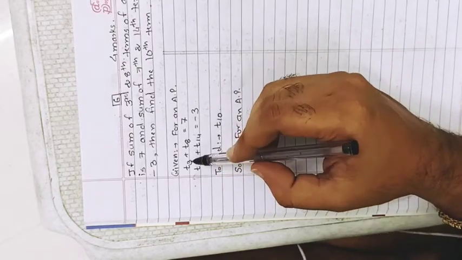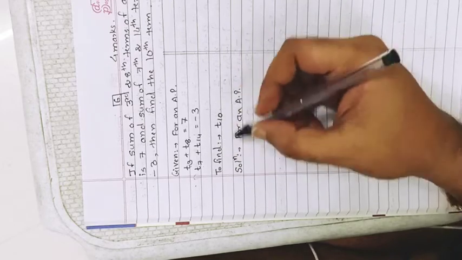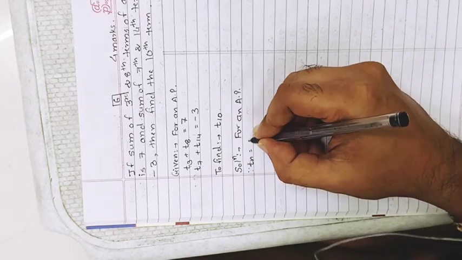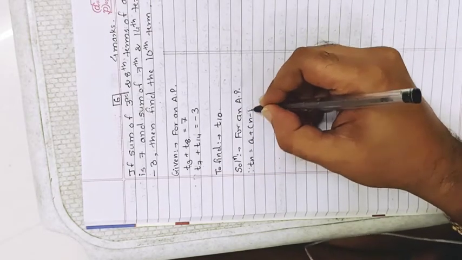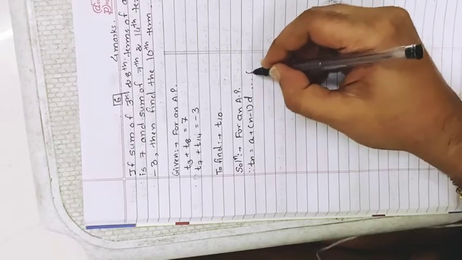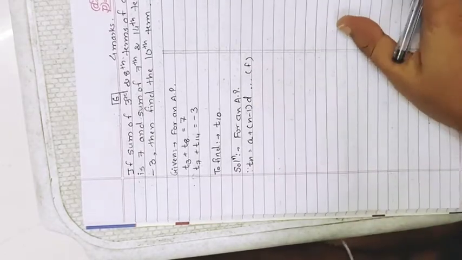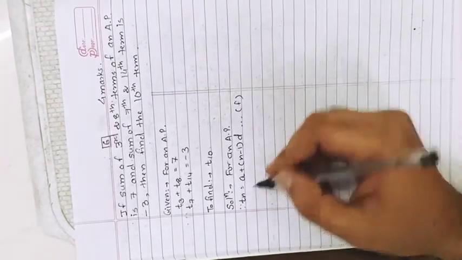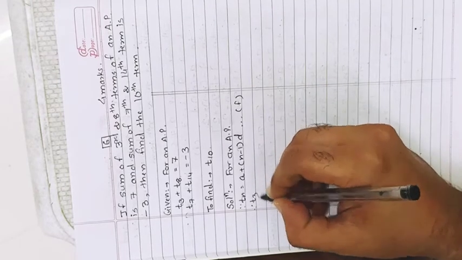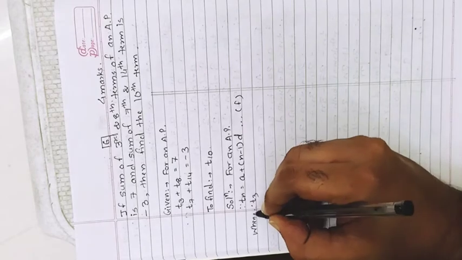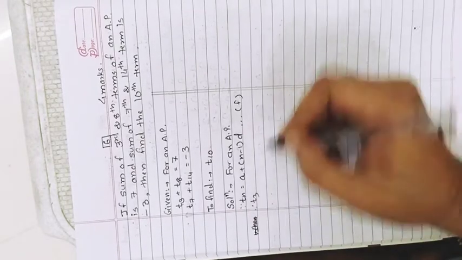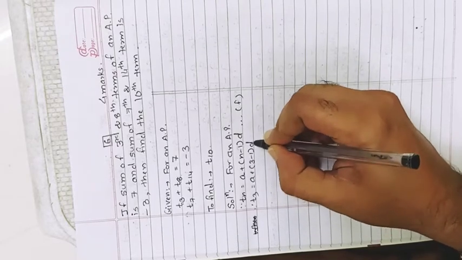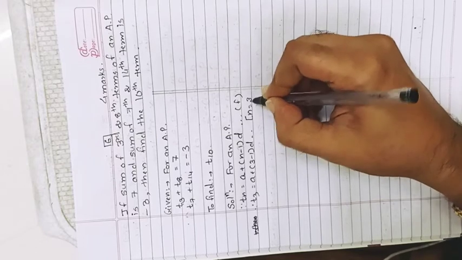Now solution for an AP. We know that we need to find T3, T8, T7 and T14. Since T of n equal to a plus n minus 1 into d, this is formula. Therefore T of 3 equal to a plus 3 minus 1 into d, when n equal to 3.